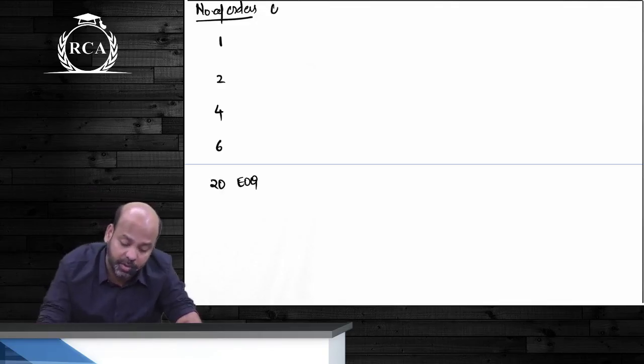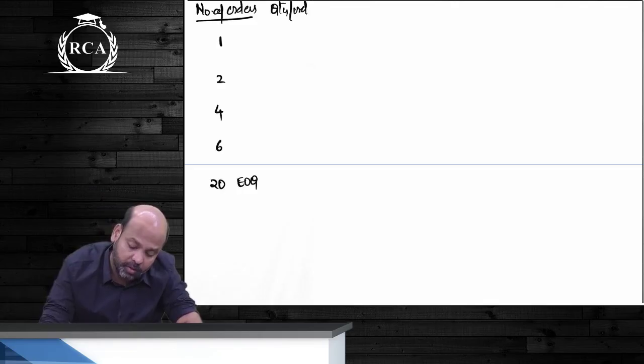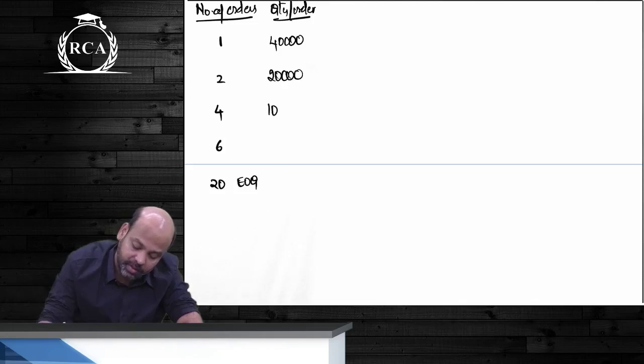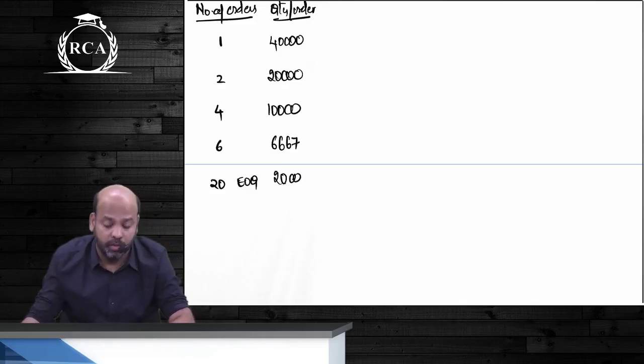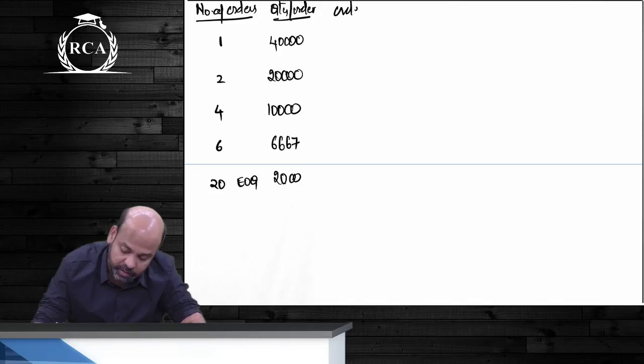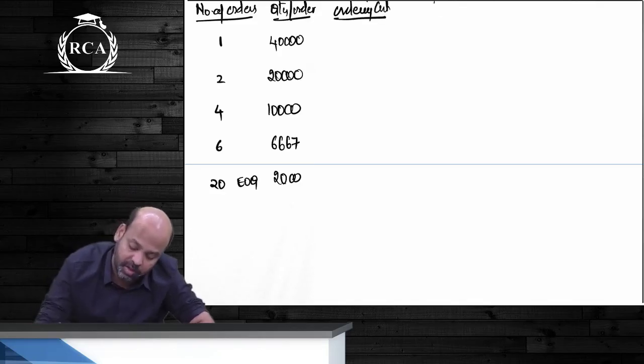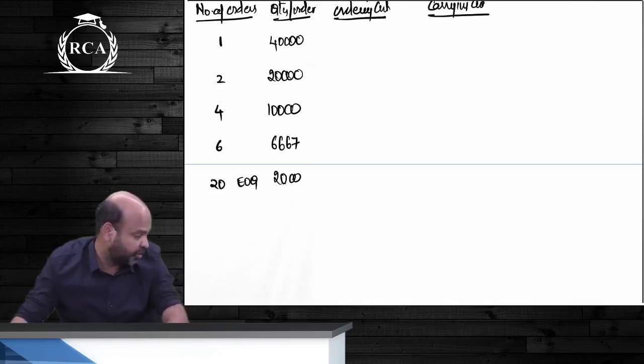Write the quantity per order: 40,000, 20,000, 10,000, 6,667, 2,000. You will compute total ordering cost, which will be number of orders multiplied by cost per order.